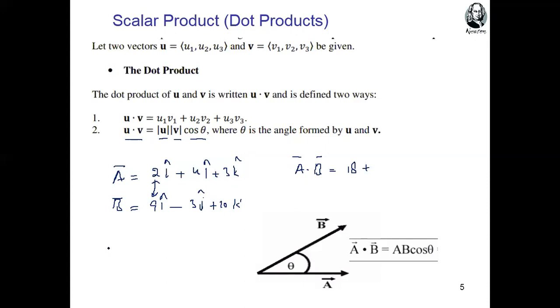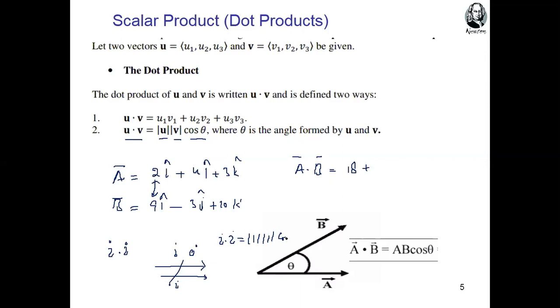Correct? No need of writing i, because in i dot i, both vectors are along the x-axis. One is i, the second one is also i. So the angle between these two is 0 degrees. So i dot i is equal to i magnitude, where the unit vector magnitude is 1, the same for the other i magnitude, which is also 1.